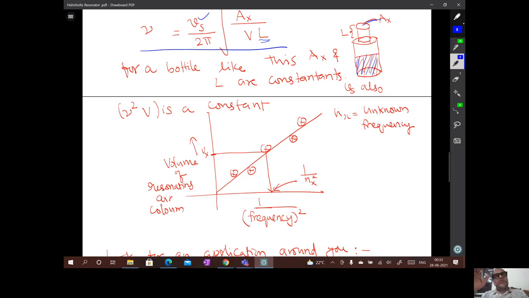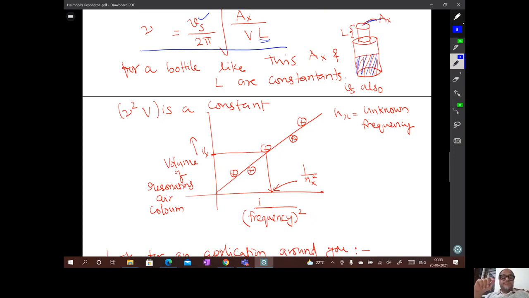In the lab, you are going to do the experiment with 5 tuning forks. Four of them have frequencies given to you, and you can read off the frequency at the bottom of the tuning fork. Corresponding to all four, you are going to do the experiment and find the volume of the resonating air column, by measuring how much water has been collected before you hear that sound.